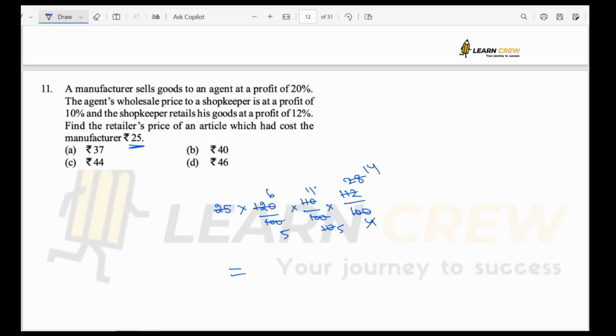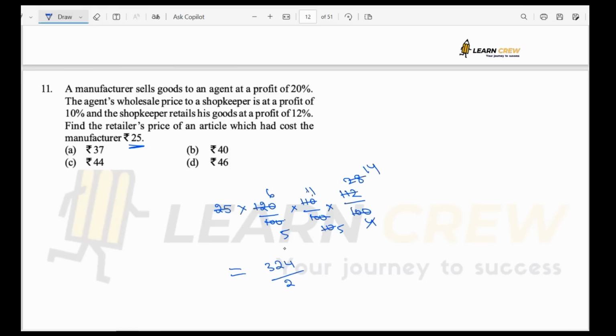Now 11 14s, 154. 154 6s, 324. 324 divided by 25. Am I correct or not? Have I missed anything?